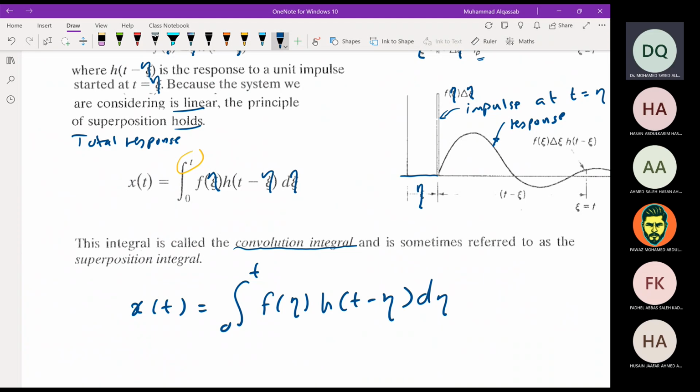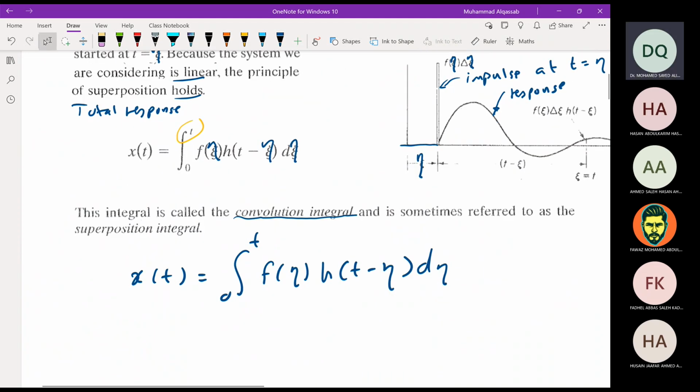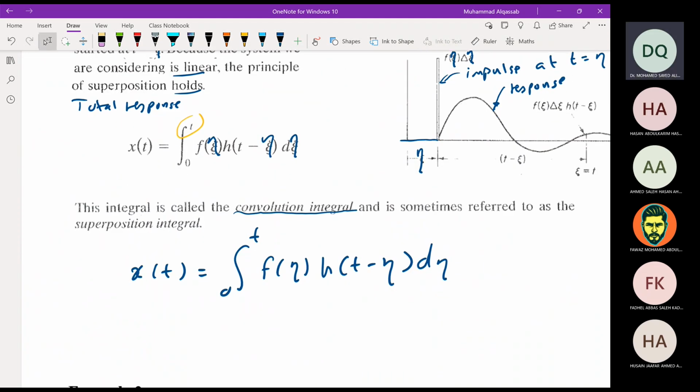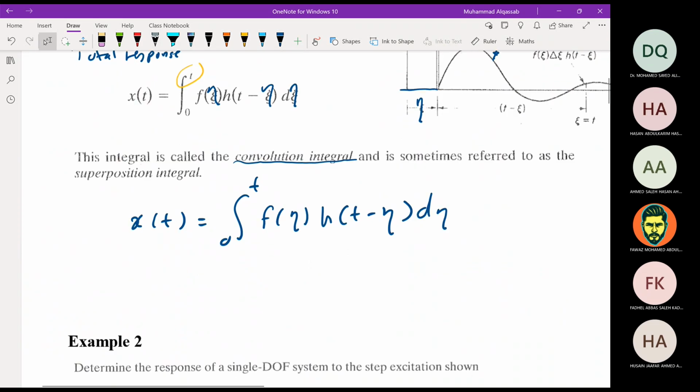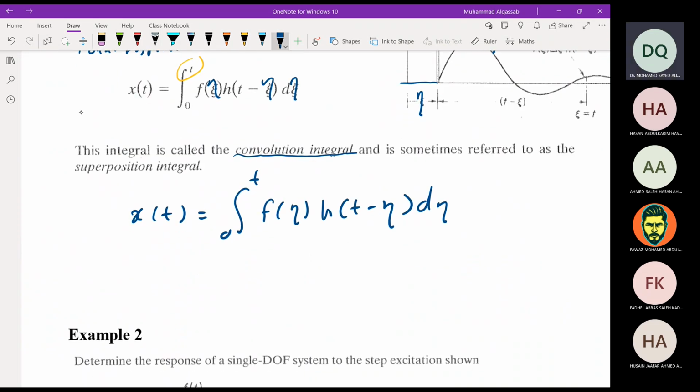This will give you the response as well. That is the solution of the differential equation. So if you have a differential equation, then f of eta, for example, let me give you m x double dot. Let me just put values.